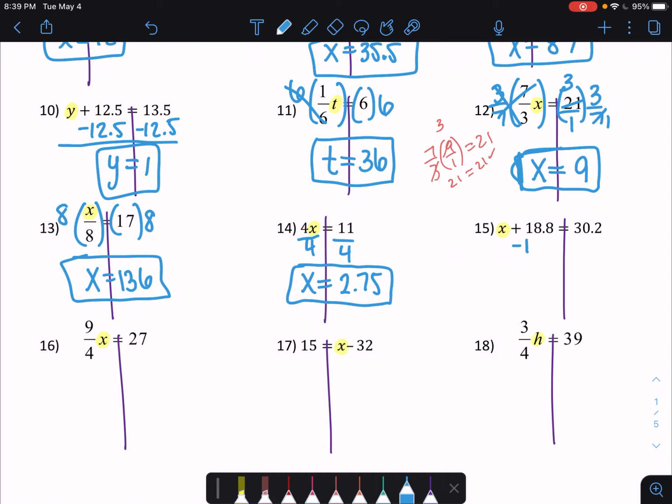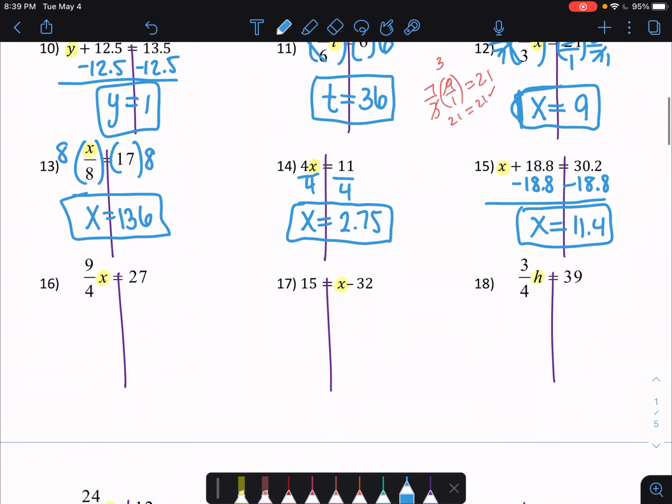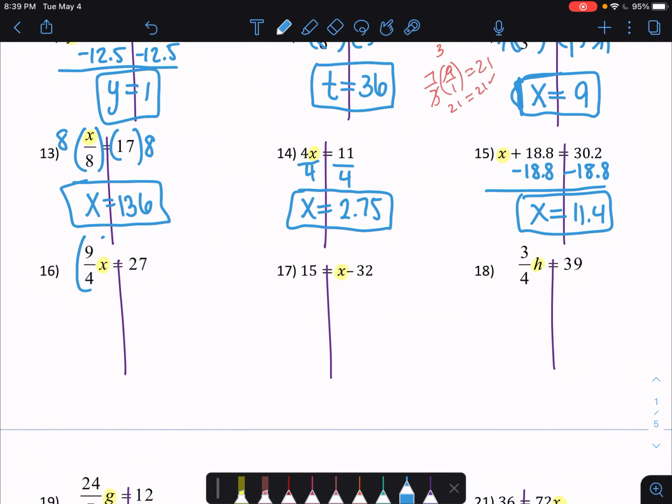In number 15, I'm going to subtract 18.8 from both sides. And I get 11.4. In number 16, I'm going to multiply by 4 over 9. So this is 27 over 1.